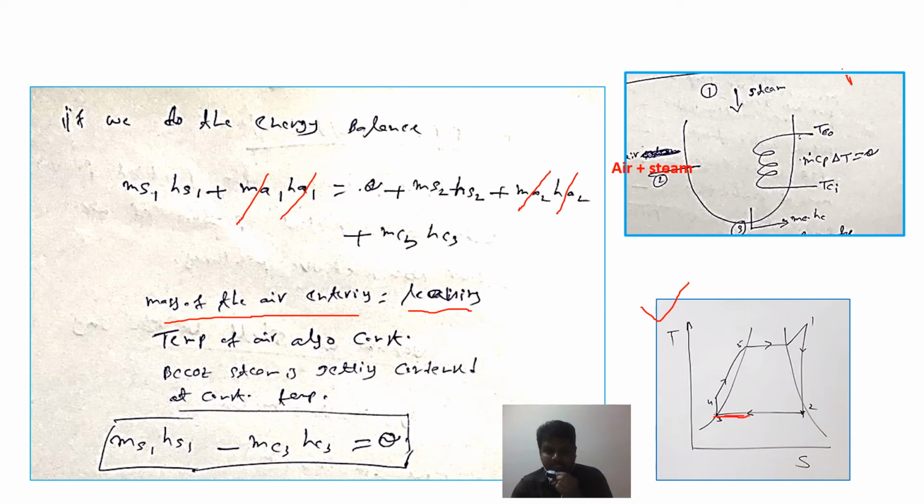It takes place at constant temperature, so there will be no change in the enthalpy. So this also cancels. The remaining terms we can write as mass of steam at state 1 into enthalpy of steam at state 1 minus mass of steam at state 3 into enthalpy of steam at state 3 equals Q.